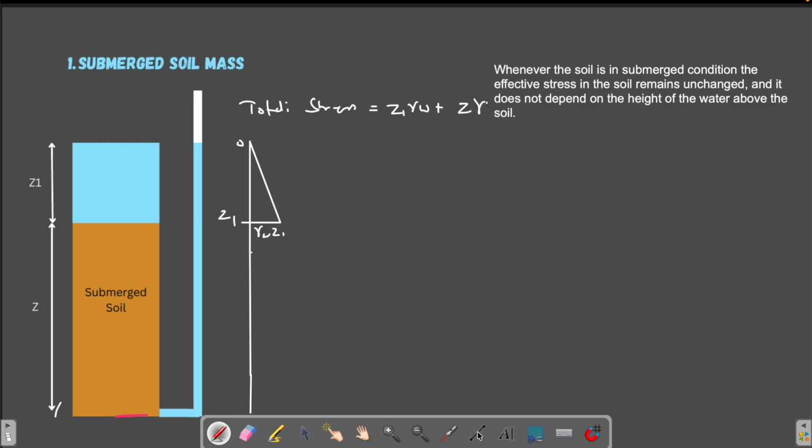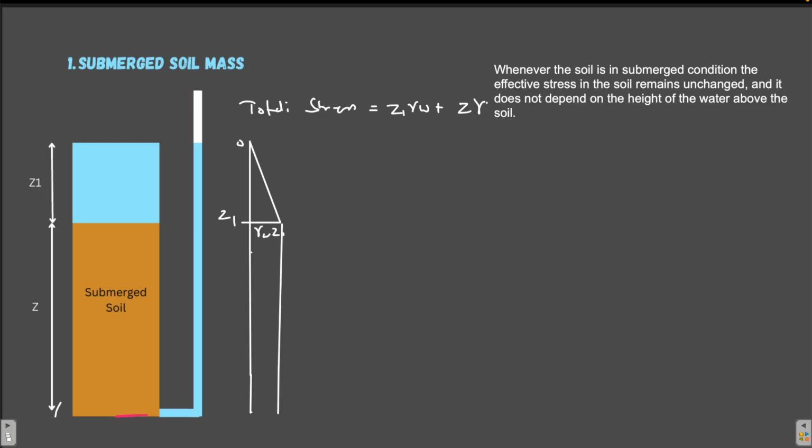Okay, now this pressure will continue up till the bottom. This pressure will not change and will continue up till the bottom, because this weight is applying pressure up till here. Now from this point Z1, the pressure is increasing by how much?